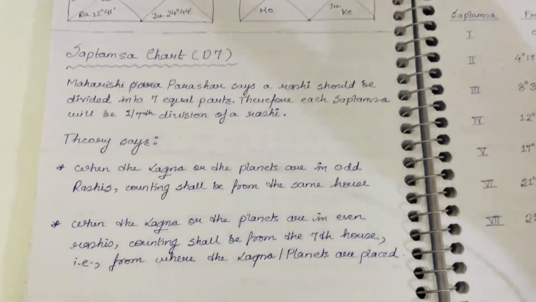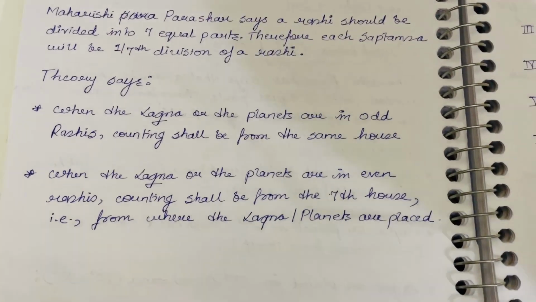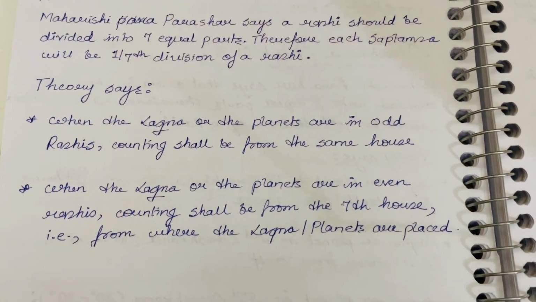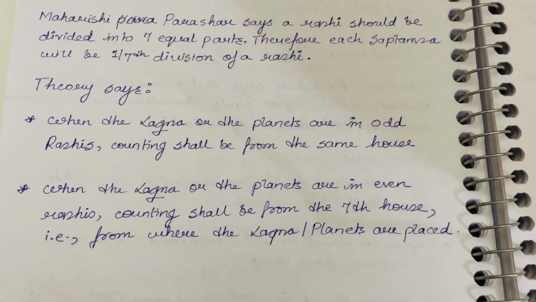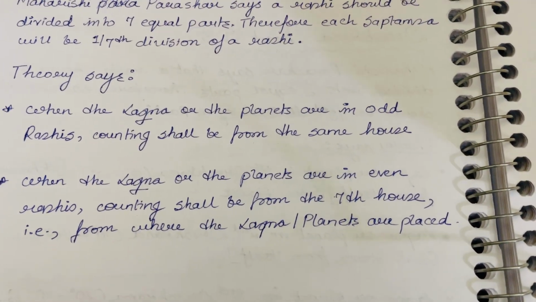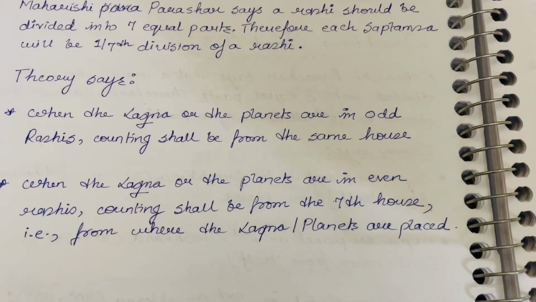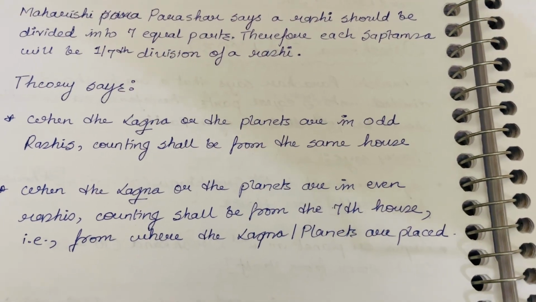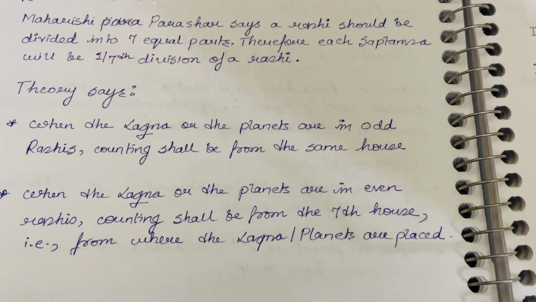For the Saptamsa chart, there are two theories which we need to keep in mind whenever we start to create it. What are the two theories? One: when the Lagna or the planet is in an odd rashi, counting will start from the same house.